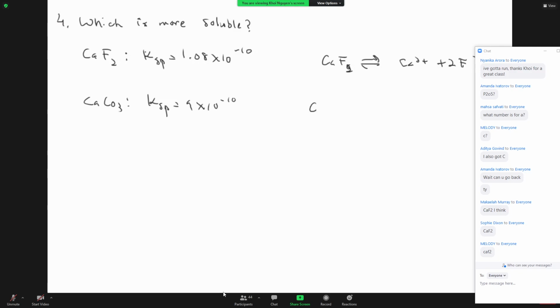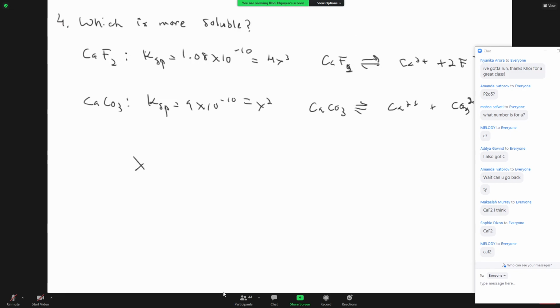And calcium carbonate breaks into 2 ions. Remember, carbonate is one of those polyatomic ions that we need to know, right? 2 negative. So one's a 2 ion, one's a 3 ion. So this is equal to what? 4x cubed, and this is equal to x squared.